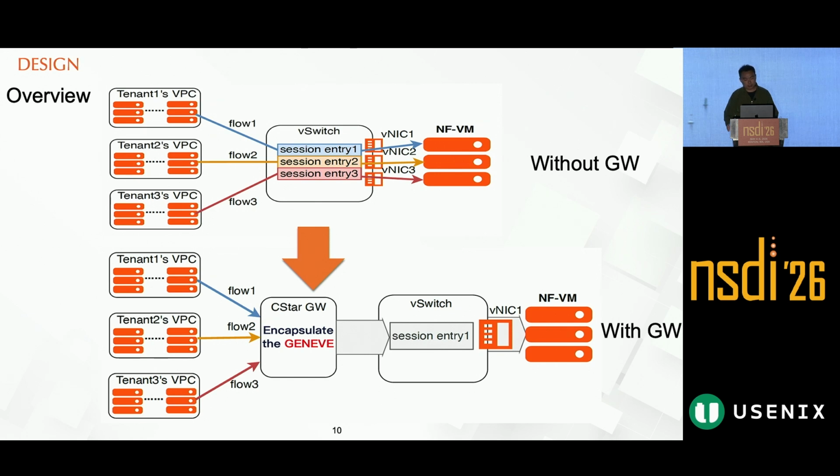After deploying the CStar Gateway, each NF VM needs only a single VNIC, session overhead is aggregated, and ECMP is migrated from the distributed vSwitch to the centralized gateway. Critically, none of this requires any modification to the vSwitch itself.